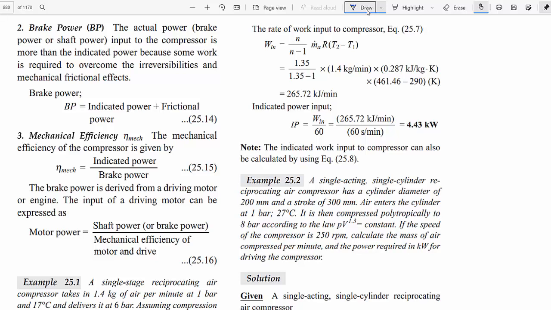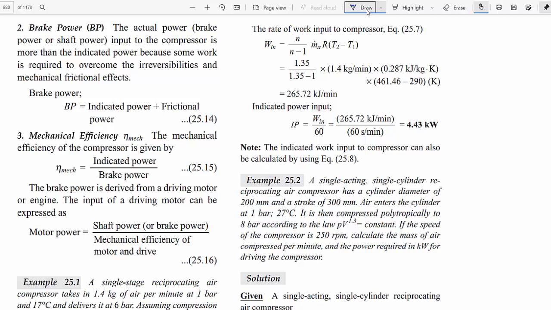Without consideration of clearance, the derivation formula is very simple, and for the work output we have three types of formula: one is simple, one is in terms of temperature ratio, and the third is in terms of pressure ratio.